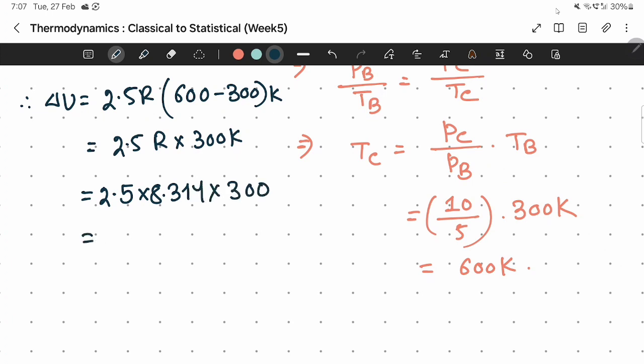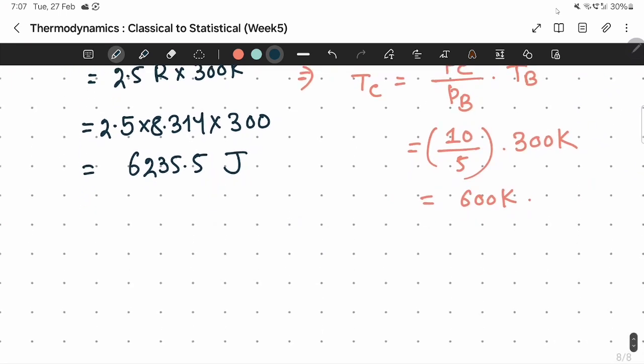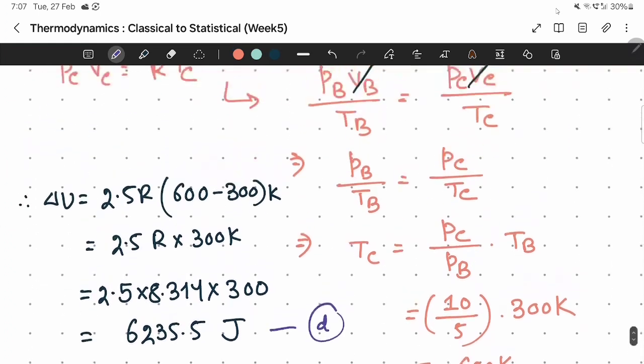So it will be 2.5 into 8.314 into 300, in Joule. Okay, so the answer is matching. It's not missing. So it is option D.